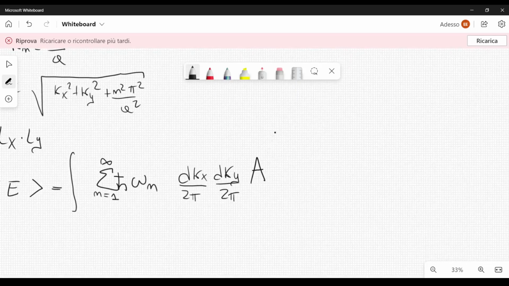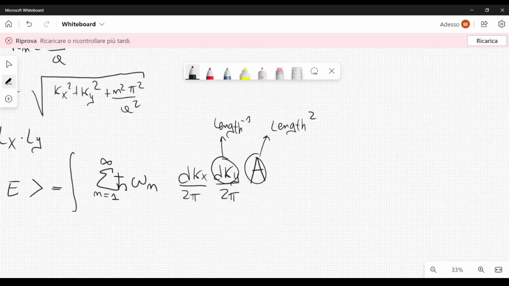Well, the area is of course proportional to length squared. Let's try to check the units first. The wave numbers kx and ky are length to the minus 1. So length to the minus 1 times length to the minus 1 times length squared will give you something that has no unit. And since this is energy, of course, we get energy.